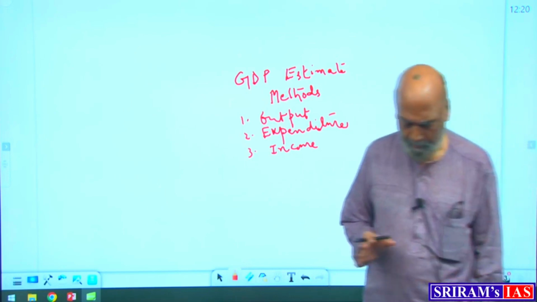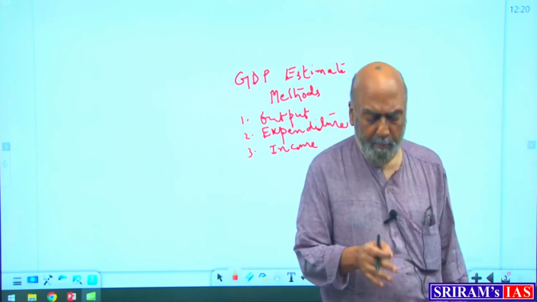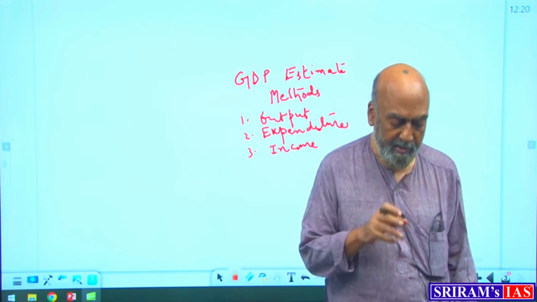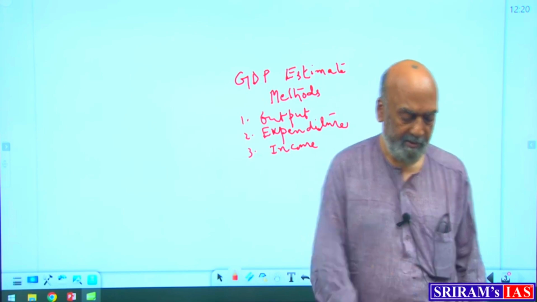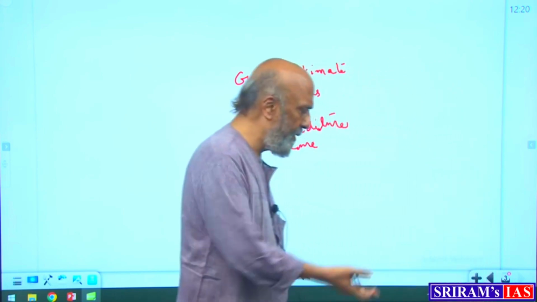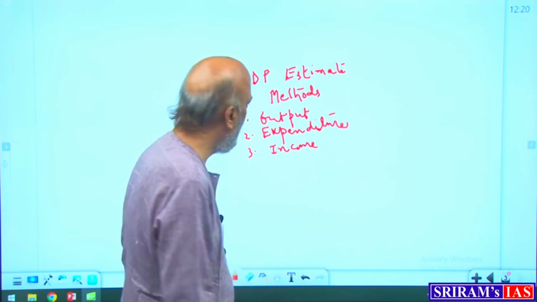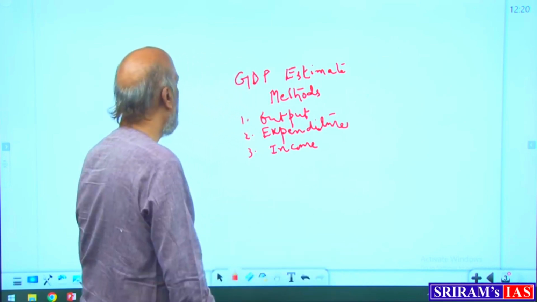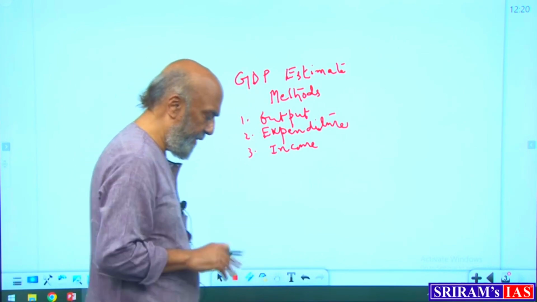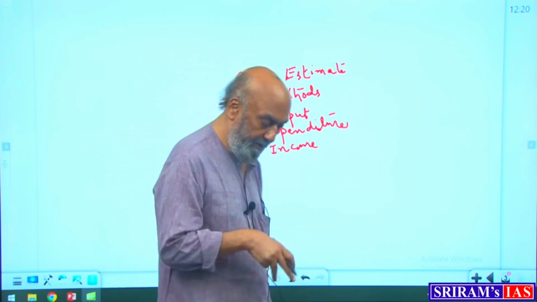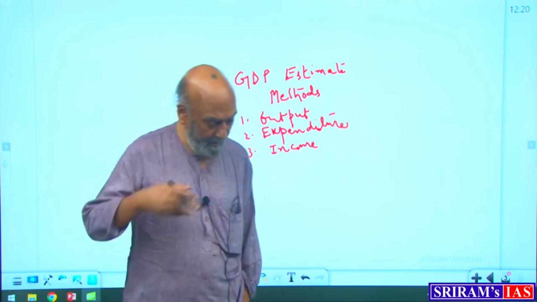Because for each method we have to see what the advantages and the limitations are. Advantages are very simple. You know what you have produced, add it up and you get the number. That's the value of your GDP. The disadvantage or limitation is that maybe you are double counting. You counted wheat and you are counting atta.